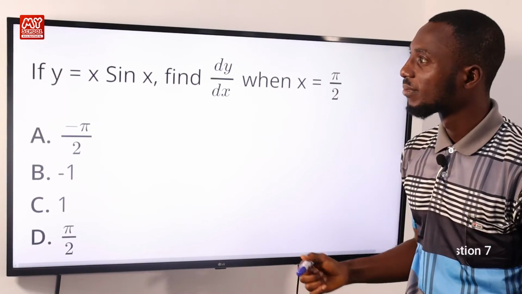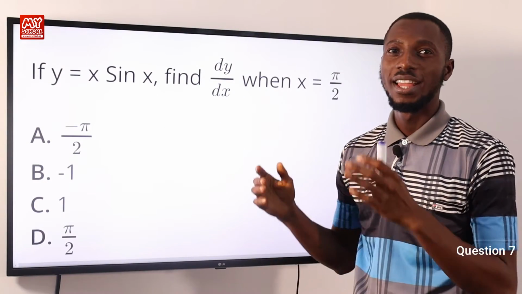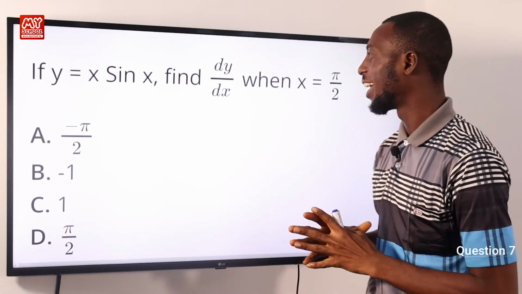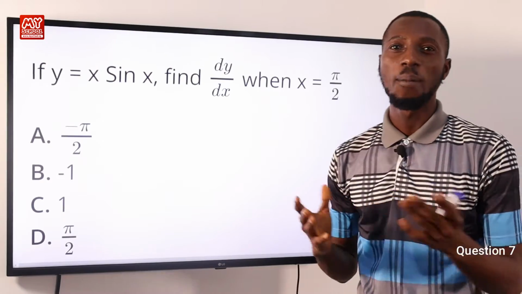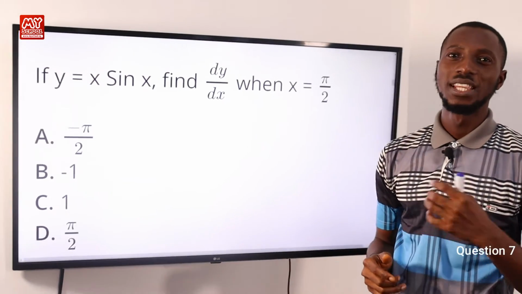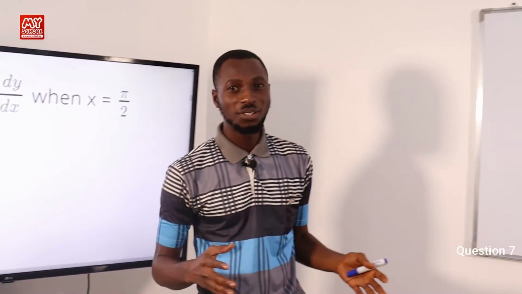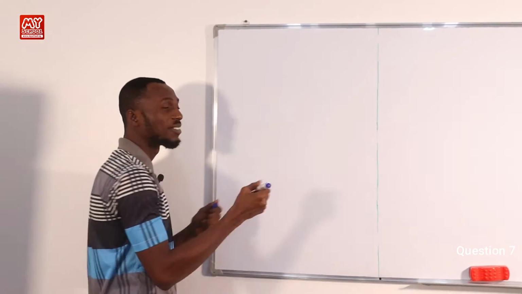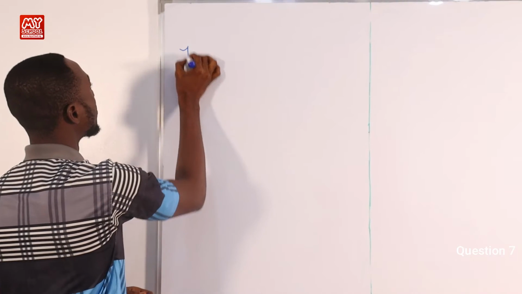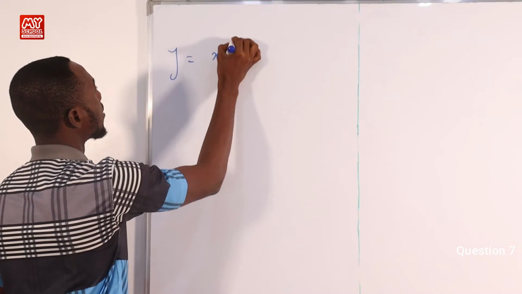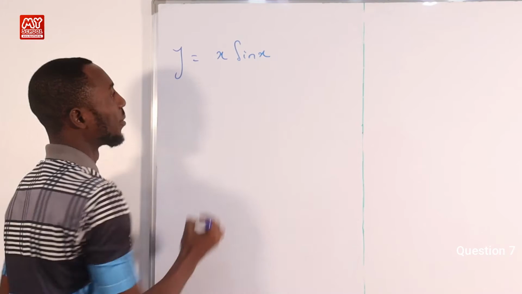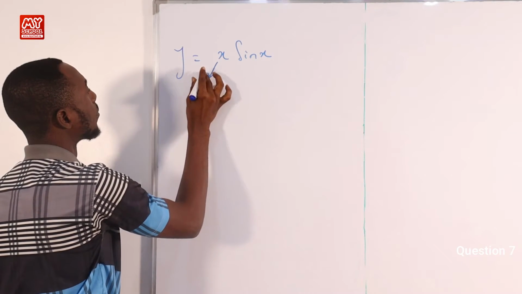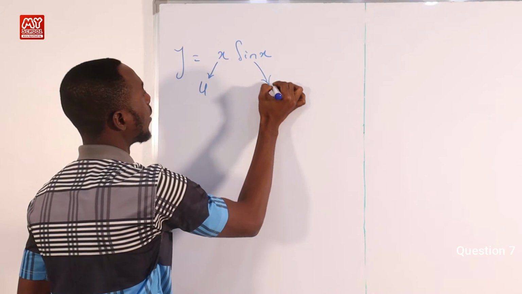Question 7. If y equals x sine x, find dy dx when x equals pi over 2. This is a question on differentiation and we are going to use the product rule here. So at first, let's recall that the question given is y equals x sine x. So this is u and this is v.